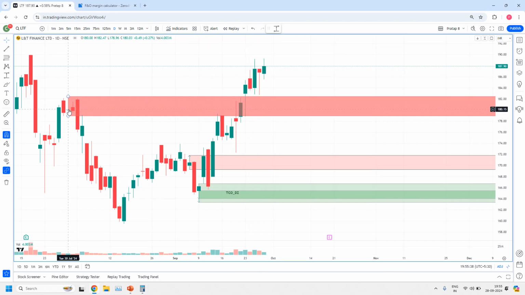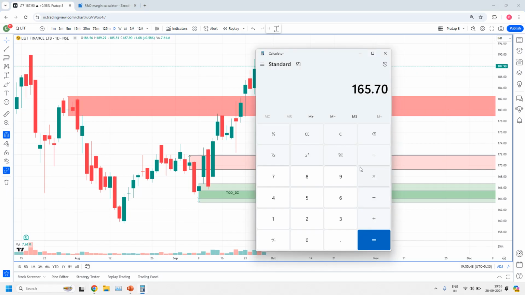Okay, what is the target? The low of this zone. What is the low of this zone? 178.96. So let us say a rough value of 178.95.